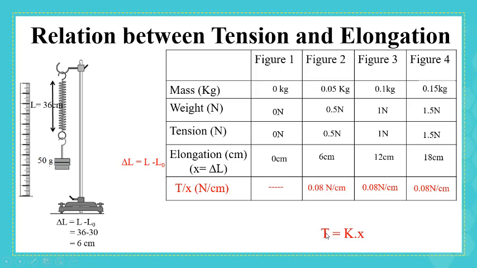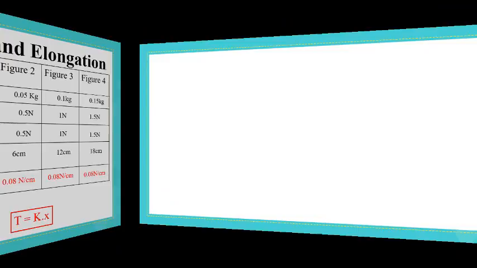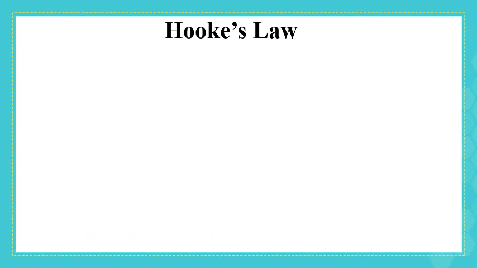So in general, the tension is equal to K multiplied by x. K is a constant number. This constant number is called the stiffness constant of the spring, multiplied by the elongation. Then this is Hooke's law.